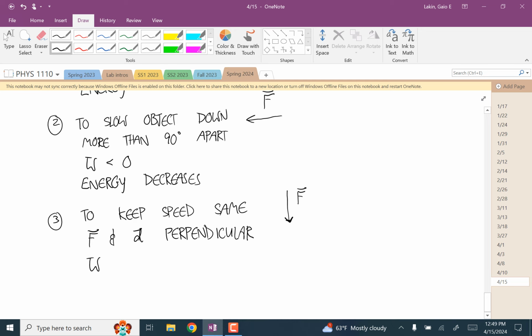That means that the work done by that force is equal to 0. And that means that the energy stays the same. Okay?